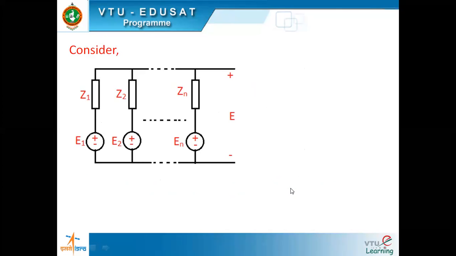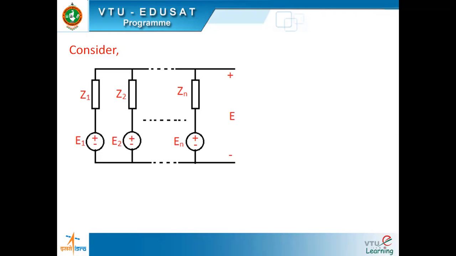Fine. Now let's consider this particular combination, the parallel combination of n number of generators. Can anybody tell me how many nodes are there? All are parallel branches. How many non-reference nodes are there? Anybody?